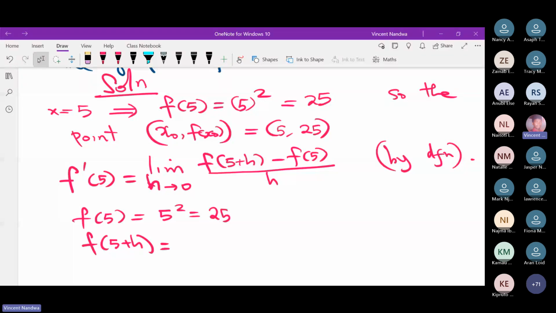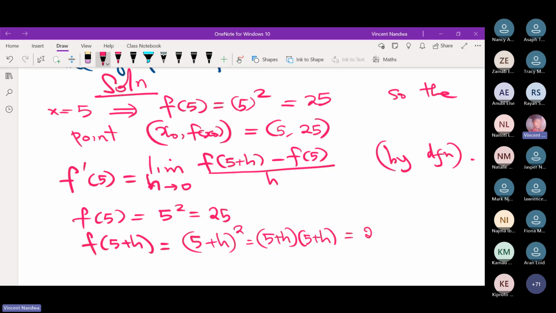If f of x is x squared, what is f of 5 plus h? It is 5 plus h in brackets squared. Yeah, so it would be 5 plus h squared. Then this is the same as 5 plus h times another 5 plus h.